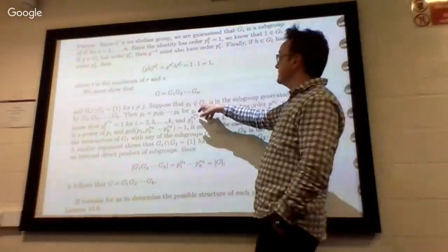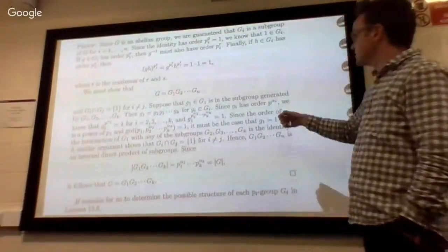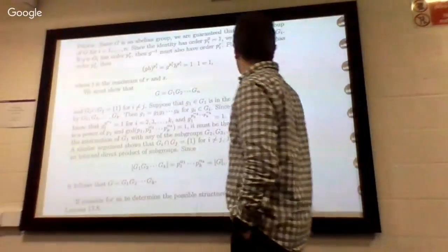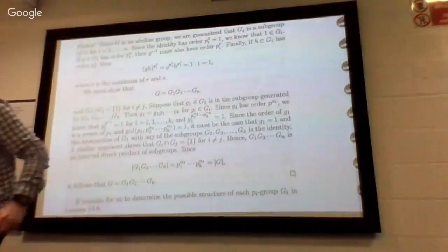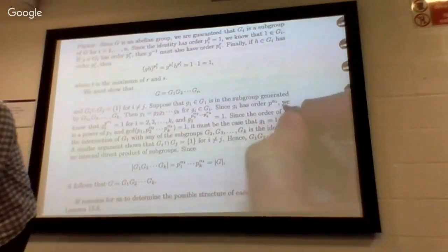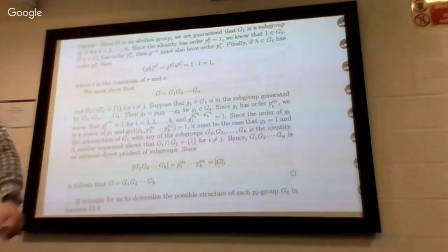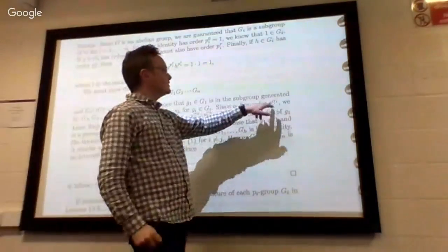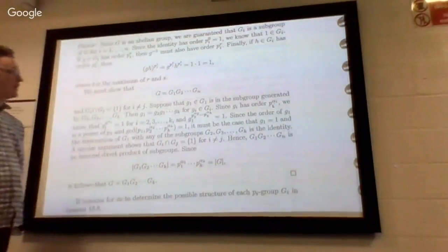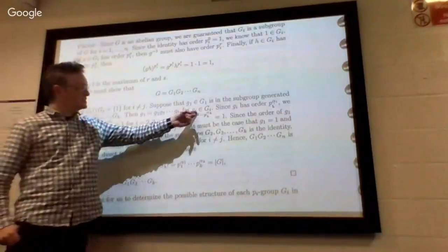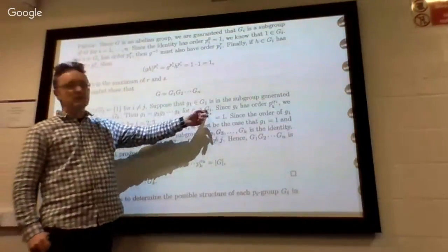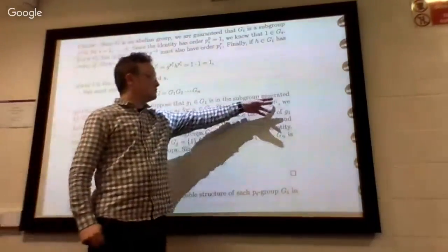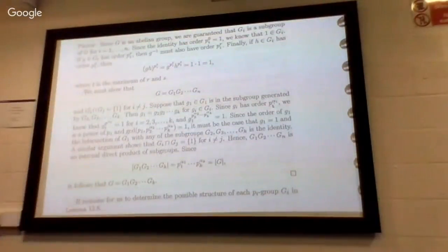But g1 is in the primary component G1, so its order is some prime power. Gi has order pi to the alpha i. Because remember, as these gi are introduced, they're always in primary component capital Gi. By definition, their order is some power of prime pi.